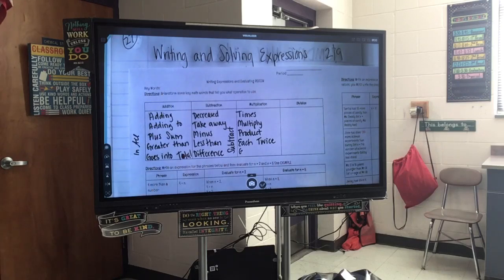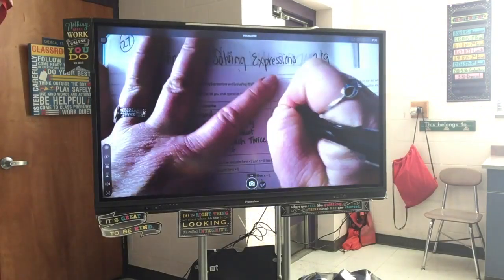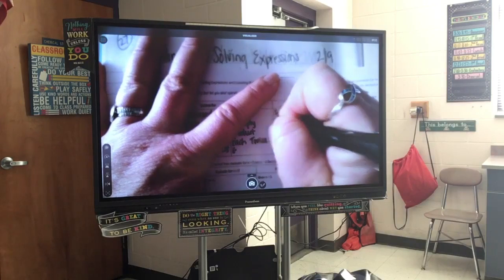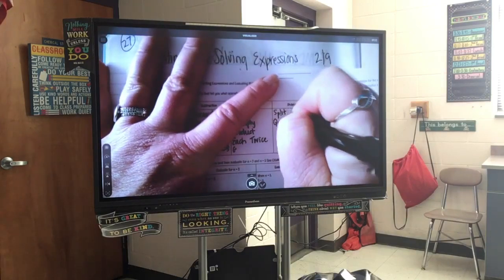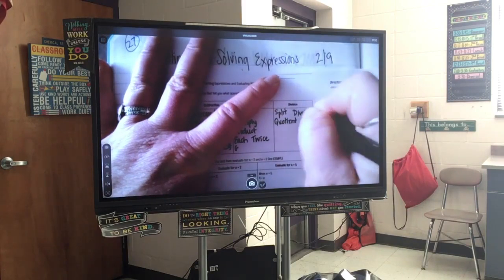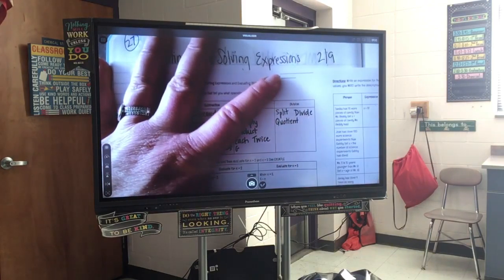Anything else you want to add to multiplication? All right. What about division? Troy? Split. Okay, Ronnie? Christiana? Divide. Okay. What else?